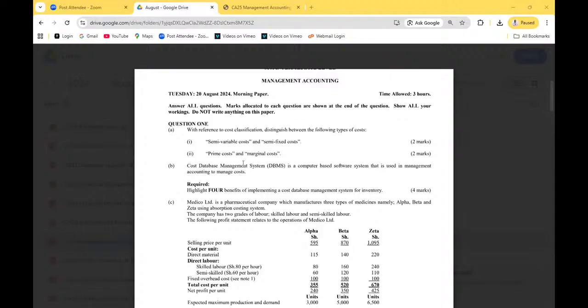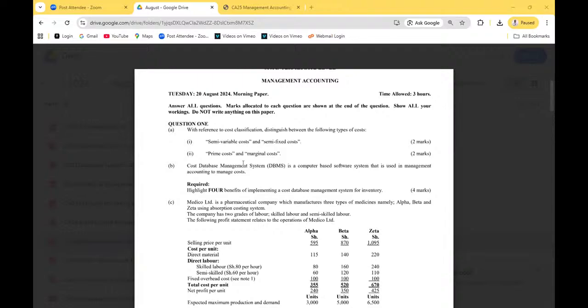So what is this marginal cost? Components of marginal cost. Let's see. Variable production overheads.